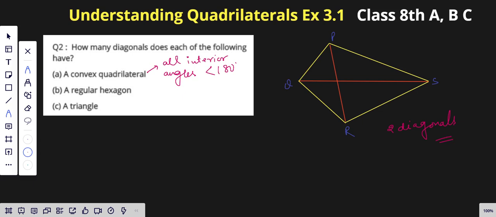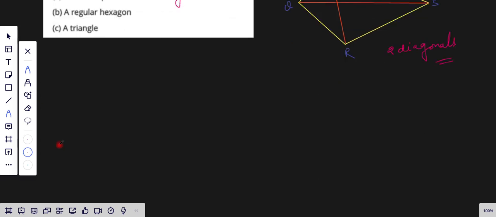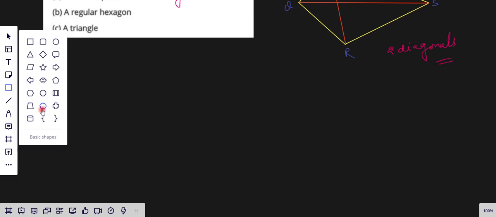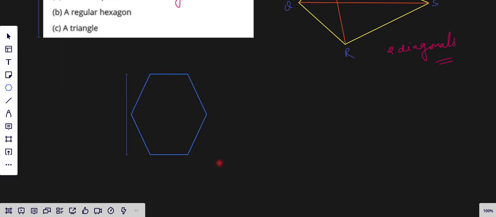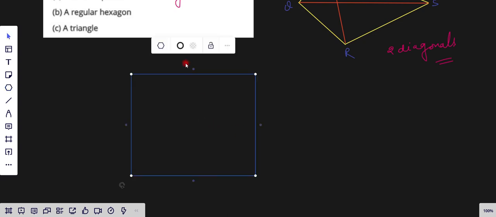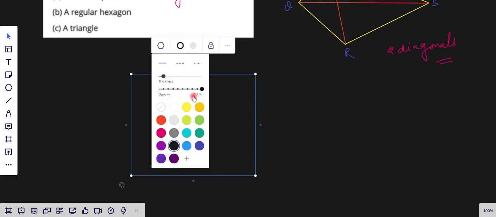Now the next is a regular hexagon. A regular hexagon can be drawn like this. Regular means, as I explained in the last lecture, that all the sides and all the interior angles are equal, right?